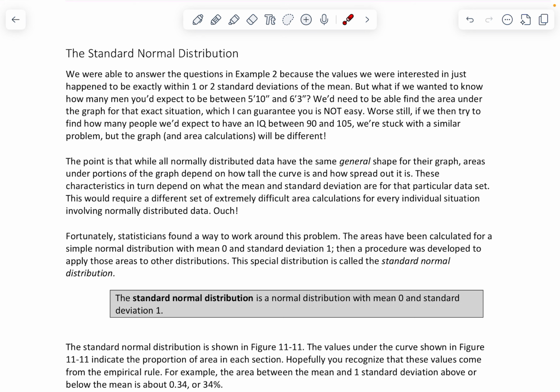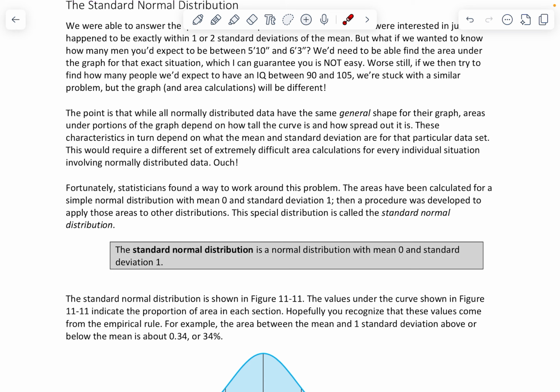Fortunately, statisticians found a way to work around this problem. The areas have all been calculated. The hard work has been done for us for a simple normal distribution. The simple normal distribution is one that has a mean of 0 and a standard deviation of 1. And then a procedure was developed to apply those areas to other distributions.